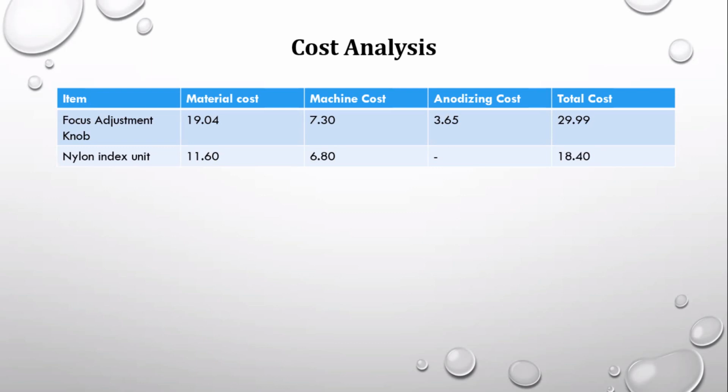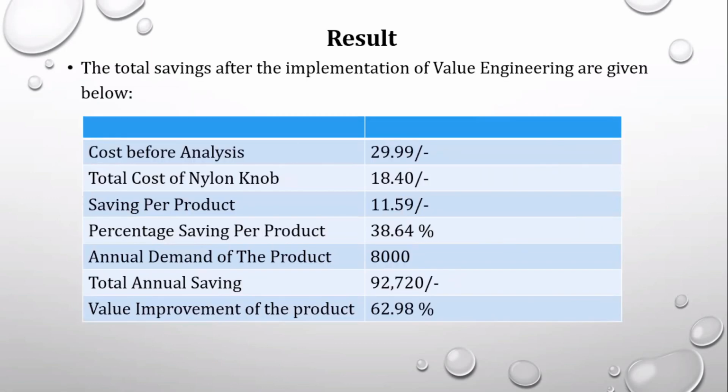So 8,000 we produce annually, so there will be a saving of, per product is 11.59, which is a percentage of 39%, and annual demand is 8,000, so that annual saving is 8,000 into 11.59, 92,720.